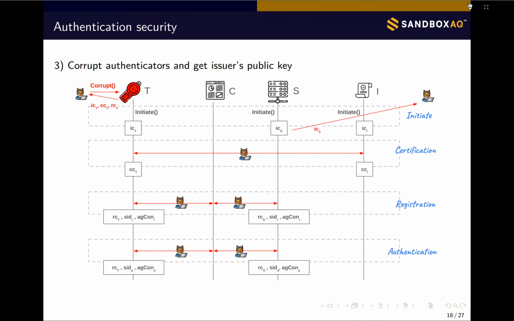And then also we allow the adversary to corrupt authenticators, except those that are in the target group, where we don't want the adversary to be able to impersonate authenticators. Okay? And also the adversary can get the issuer key.